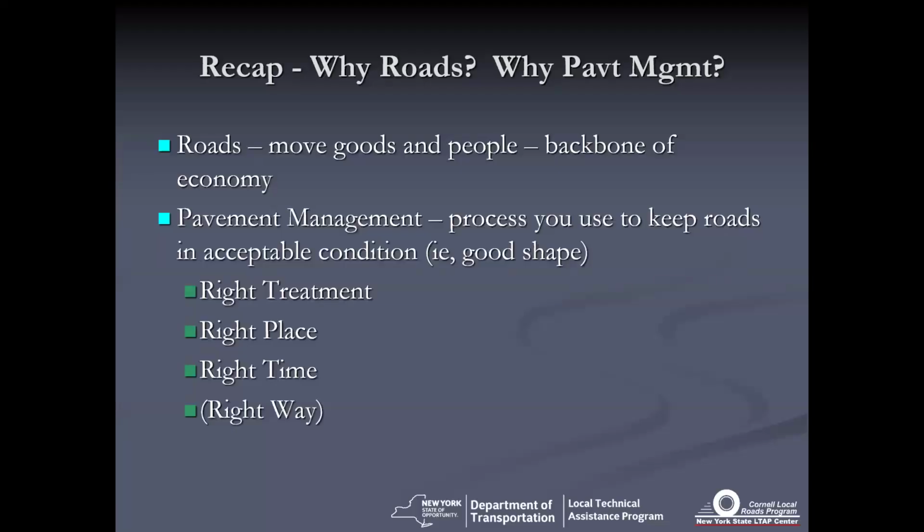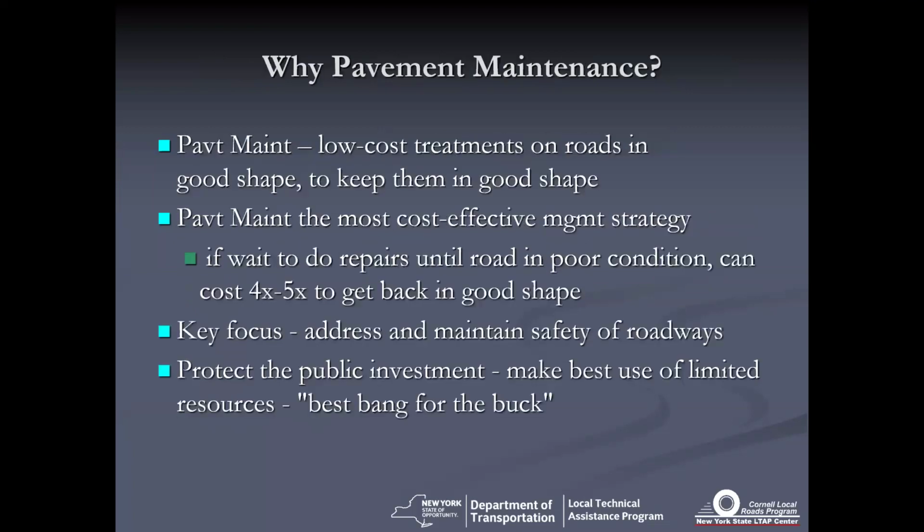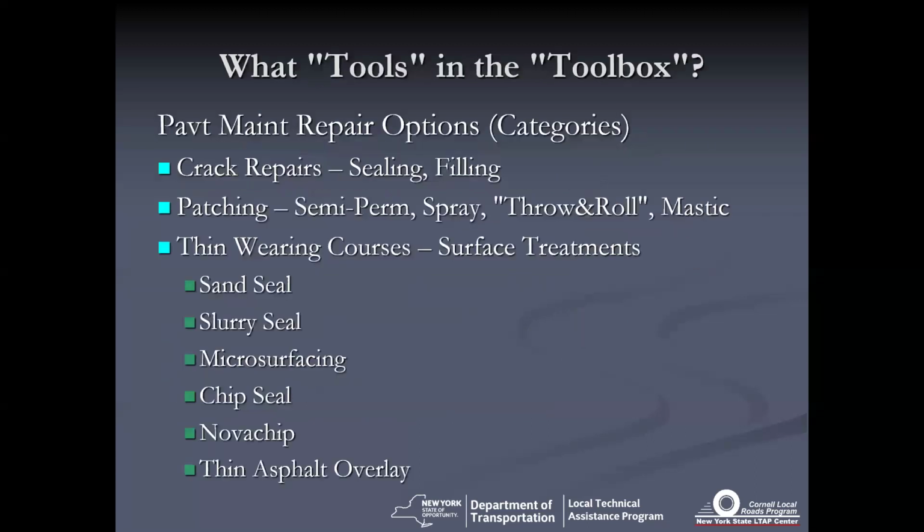So recapping, we are always applying our pavement management principles: right treatment, right place, right time, right way. We want to be focusing on our pavement maintenance activities. Those are the low-cost treatments, roads in good shape to keep them in good shape. The key focus is going to be to address and maintain the safety of our roadways, and it is the right thing to do because it's the best bang for the buck.